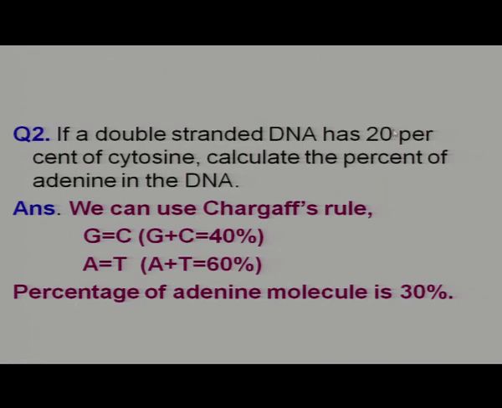In the question we are given 20% of cytosine, which means there will be 20% of guanine, and this makes 40% of G plus C. So, the remaining 60% will be A plus T and this will be equally divided. So, the answer will be 30% adenine in this particular DNA fragment.